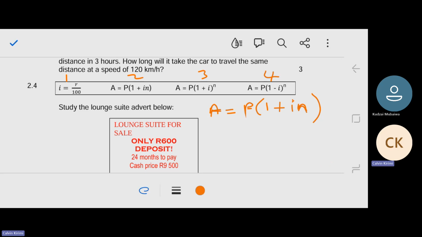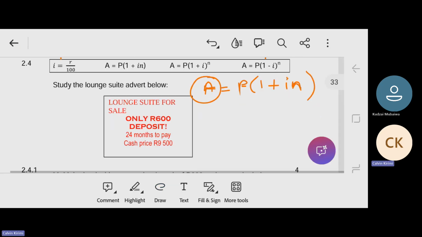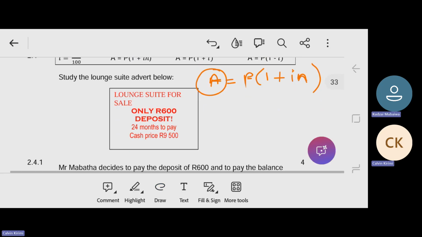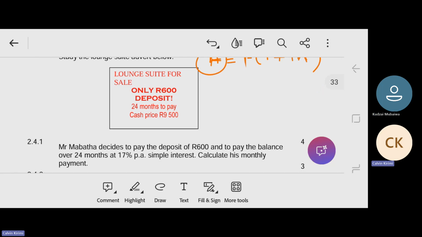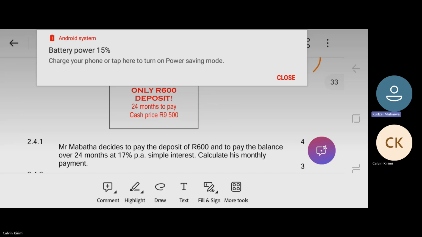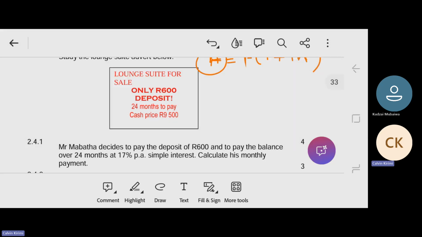A is the total amount which the person is going to repay, plus interest. So we must be able to interpret that. The question is saying calculate his monthly payment. So that's where we are.